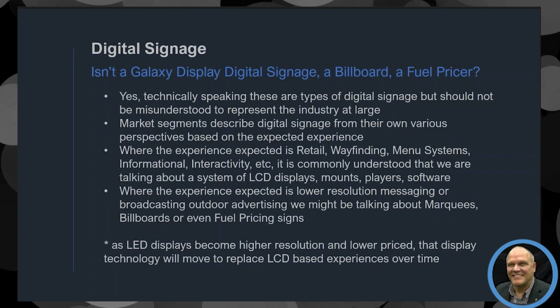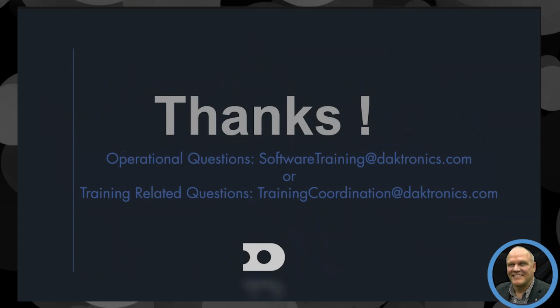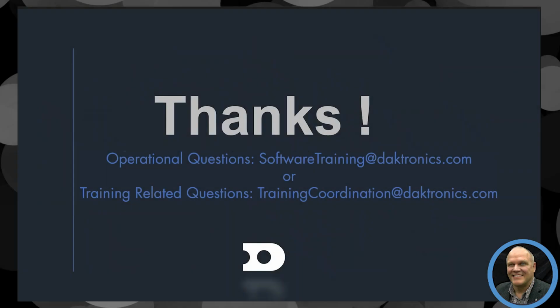So for things over 110 inches or so diagonal for an LCD, we might be looking at a narrow pixel pitch LED very soon, in that same price range, and for the benefits that LED can offer, that may become a cost benefit or a price benefit type discussion that will happen more and more in the very near future. That kind of wraps up the first module, which is what is digital signage.